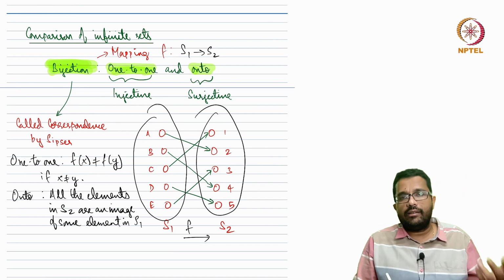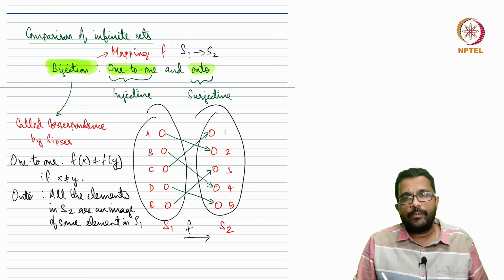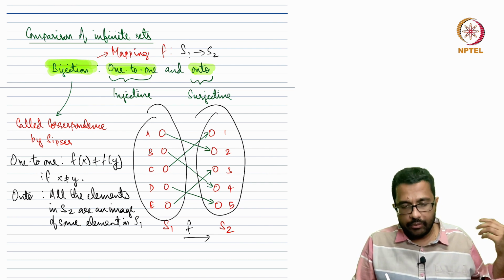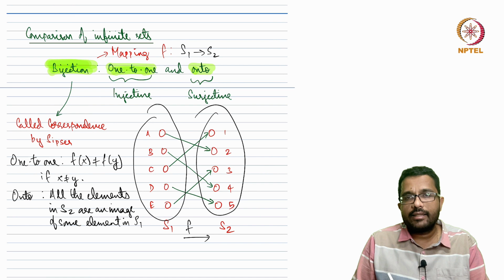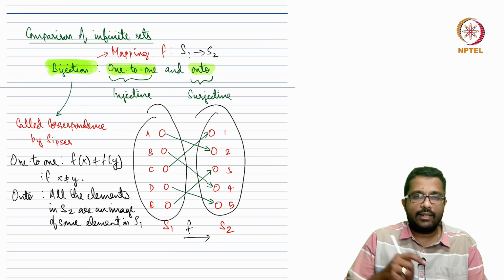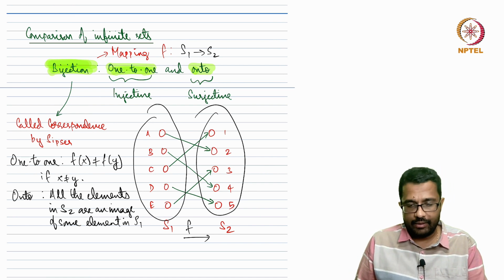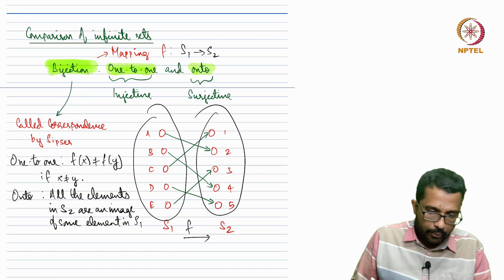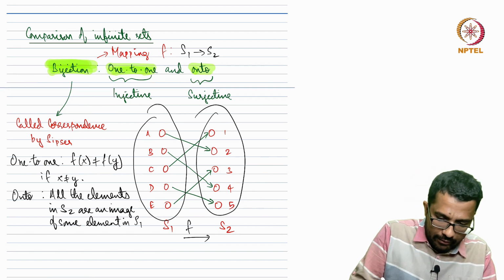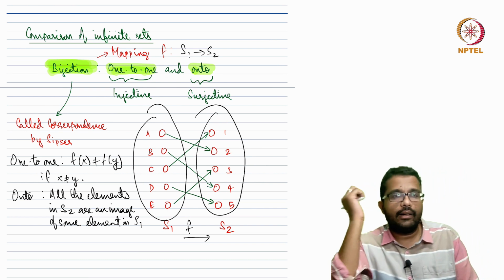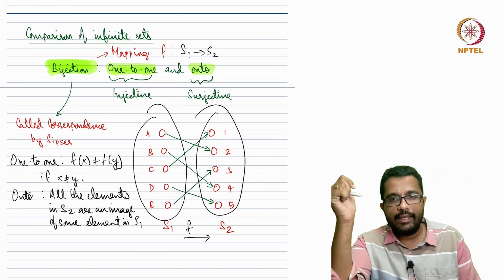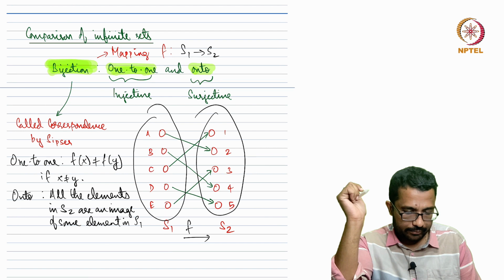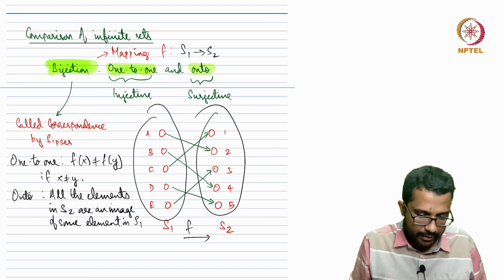So you pick any y from S2, there is some x in S1 such that f of x is equal to y. Which means that there are no elements here which are not an image of an element in S1. Right. So this is what onto means.